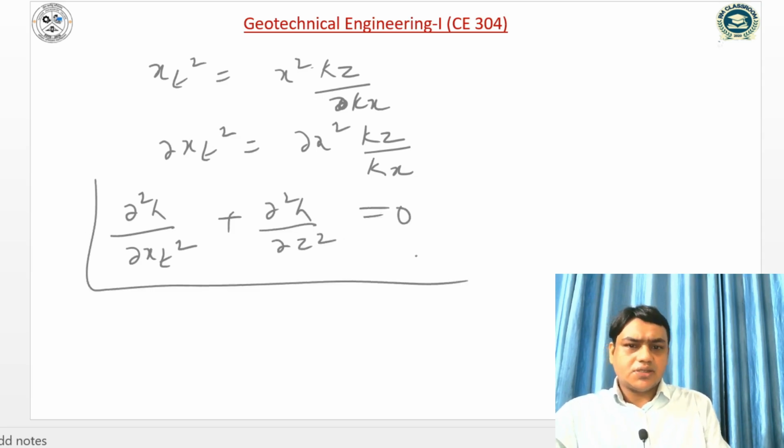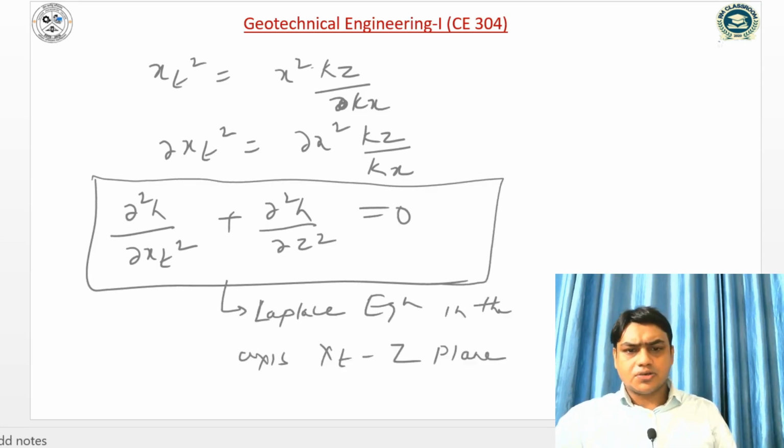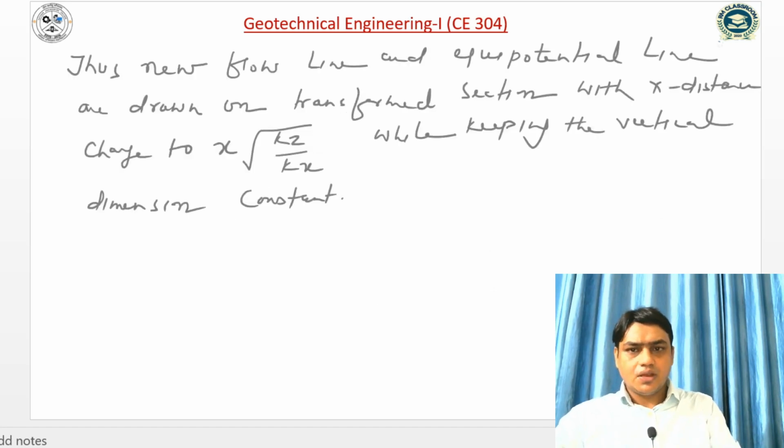Now we can see that this is the form of the Laplace equation in the plane xt z. So the new flow lines and equipotential lines are drawn on the transformed section, in which the x distance is changed to x into square root of kz by kx, while keeping the vertical dimension constant.